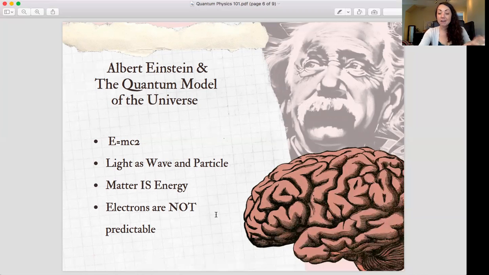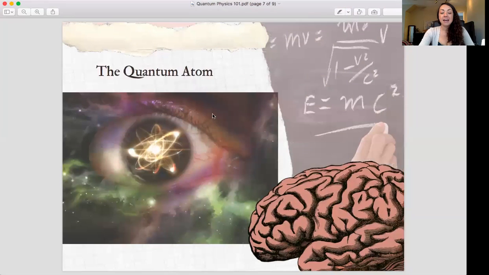Now, Descartes and Newton did have a point, because in the quantum atom, the electrons do become predictable when they are being witnessed, when they're being observed.